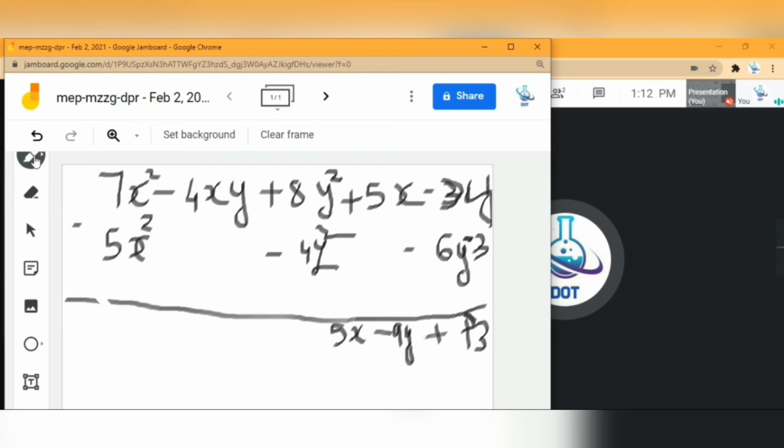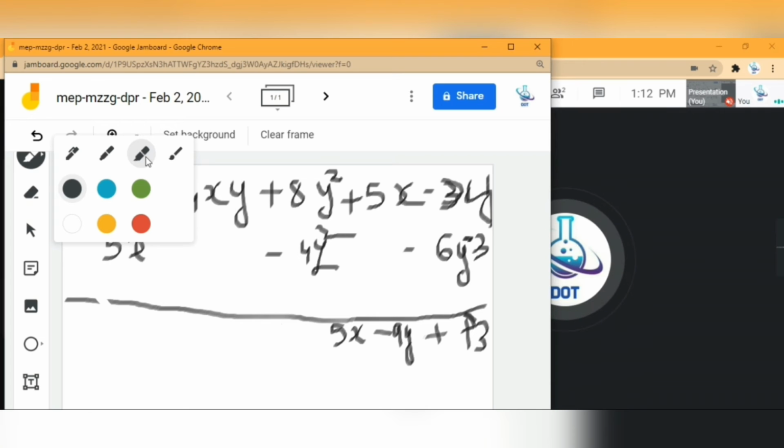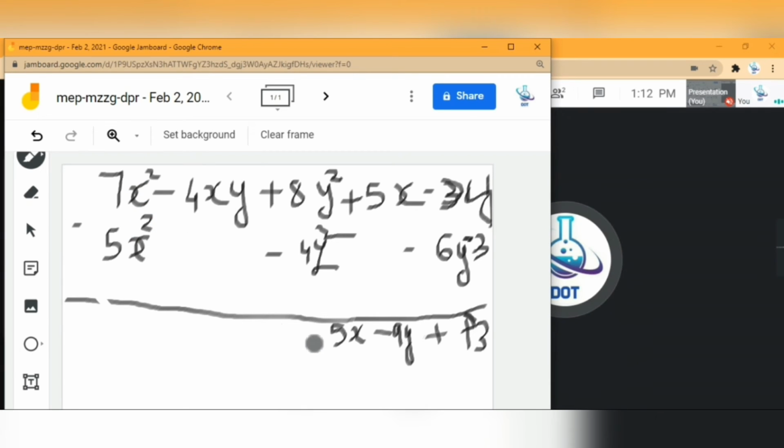Then minus 4xy, as there is no term belonging to the variable xy below, it is taken down as it is. Then 7x square minus 5x square we get.